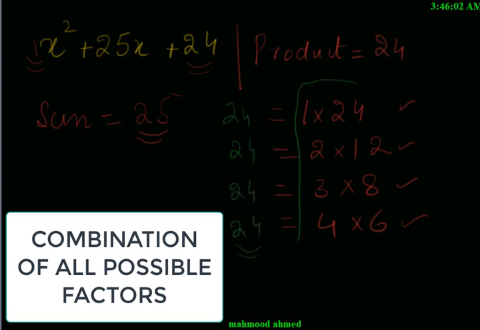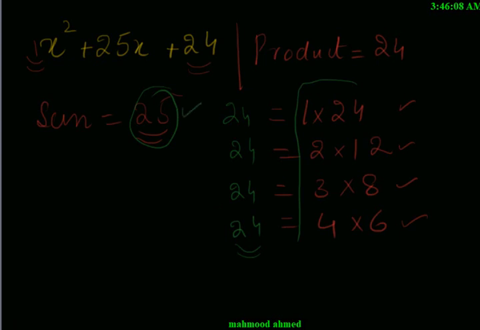Second, we need to see which combination gives you 25 if you add or subtract. If you start from the bottom and take 4 and 6, if you multiply you get 24, but if you add them you get 10, or you get 2 if you subtract. So 25 you cannot get, so we cross it out; this is not the suitable pair.